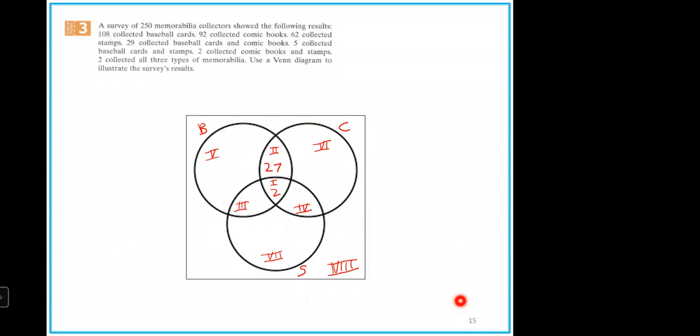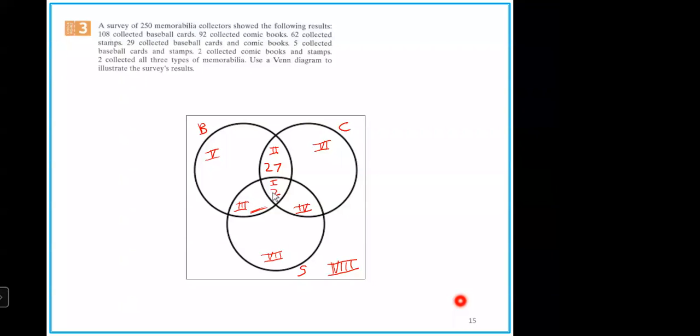Between B and S. We already put in 2 in the middle. So I just need to find out what else needs to go in this portion right here, let me put my cursor on so you can see where I'm talking about. Right here, between baseball and stamps, this region right here.